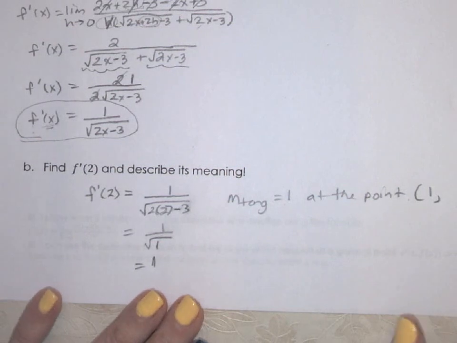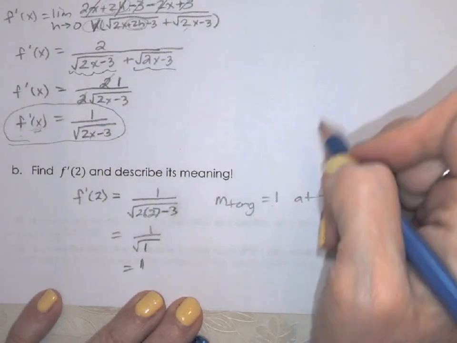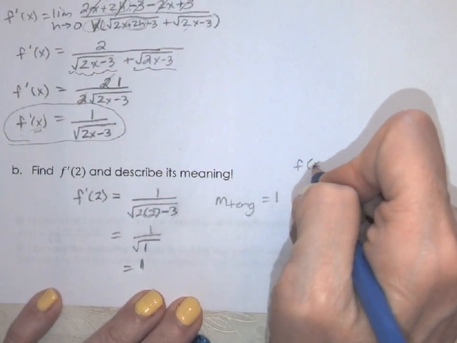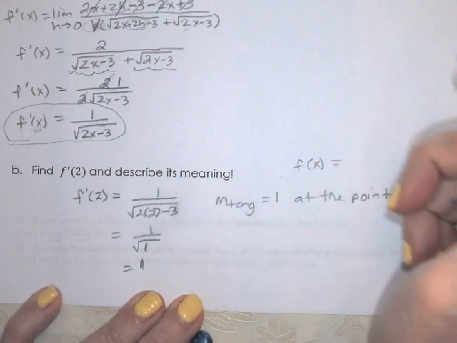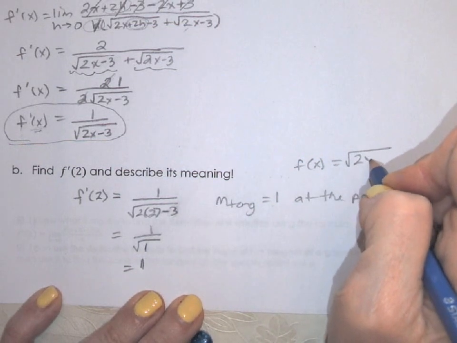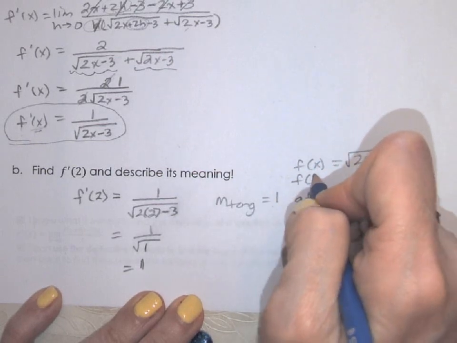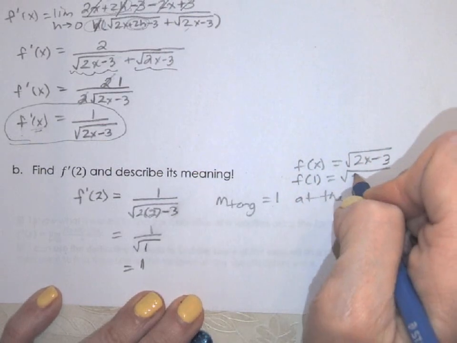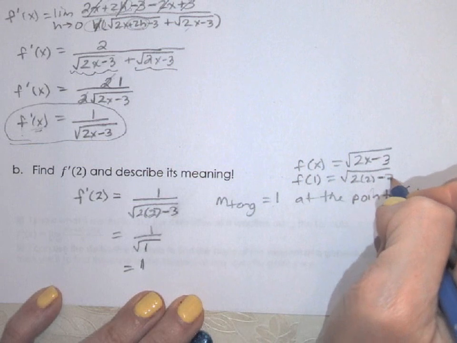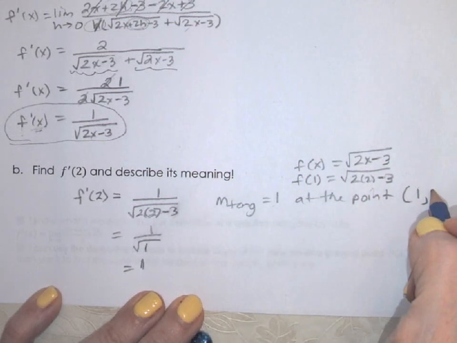2, 1. And then what if I needed to know the y value? I would use my defining equation for f at x, which was f at x equals the root of 2x minus 3, which means f at 2 would be the root of 2 times 2 minus 3, or the root of 1, which is 1.